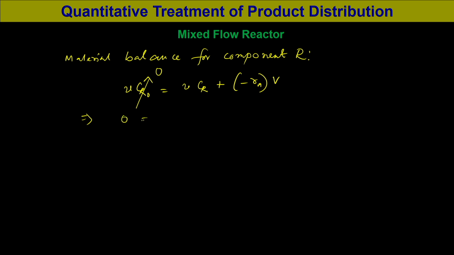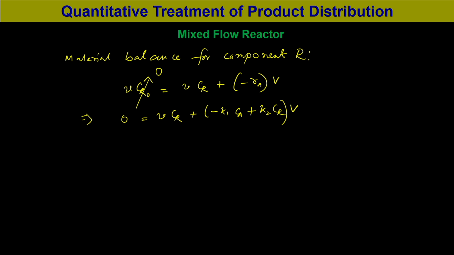So, 0 is equal to V CR minus K1 CA plus K2 CR. This is the rate for the component R into V.